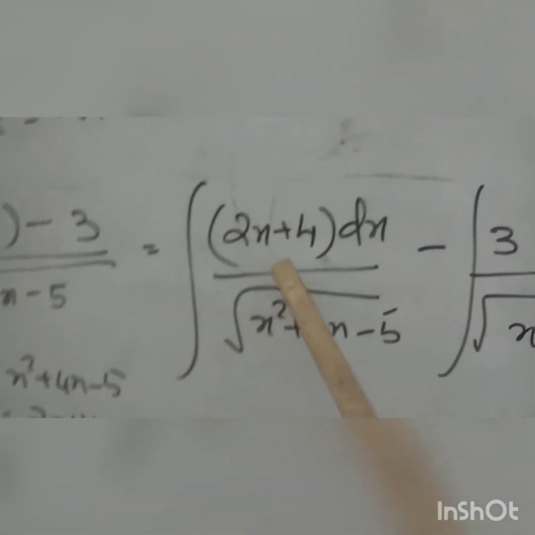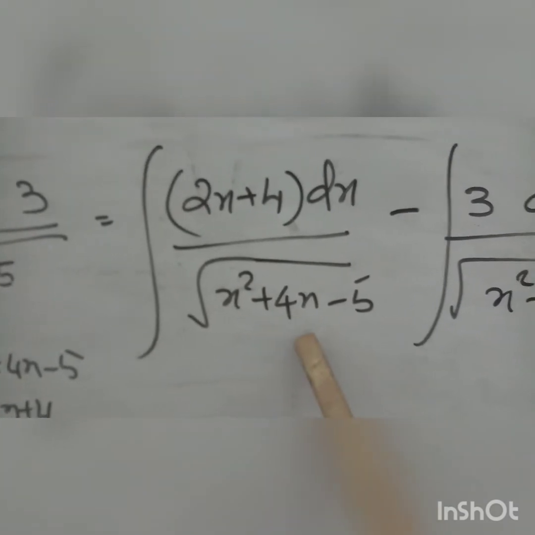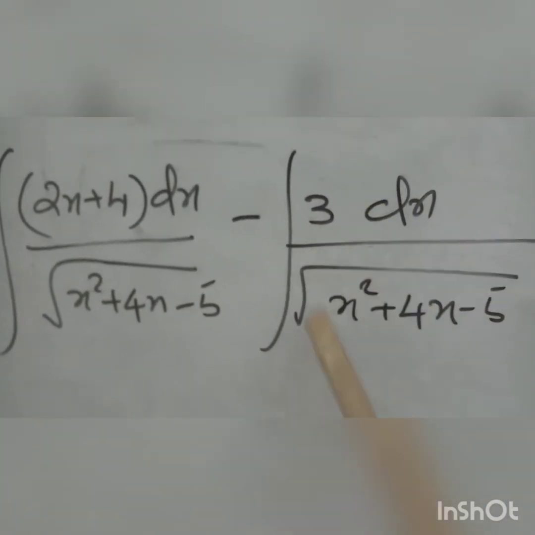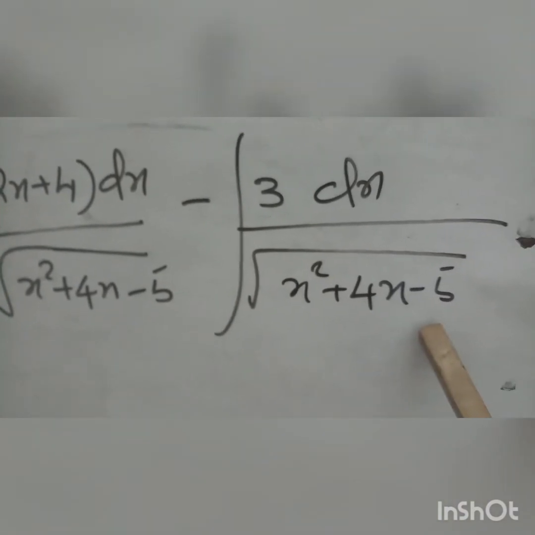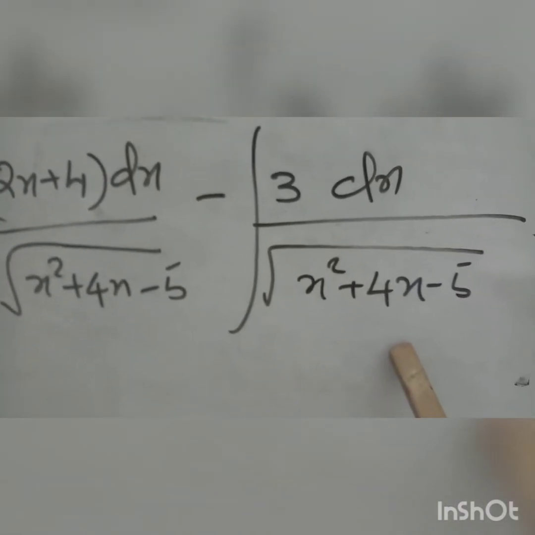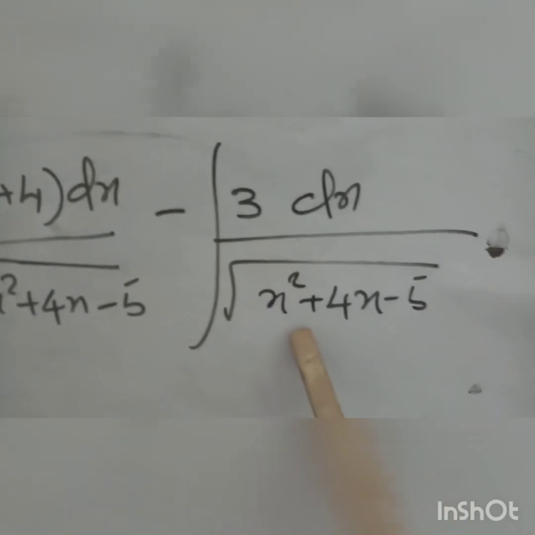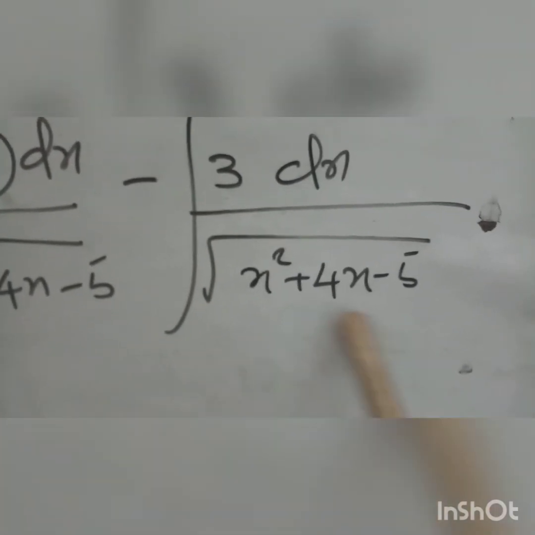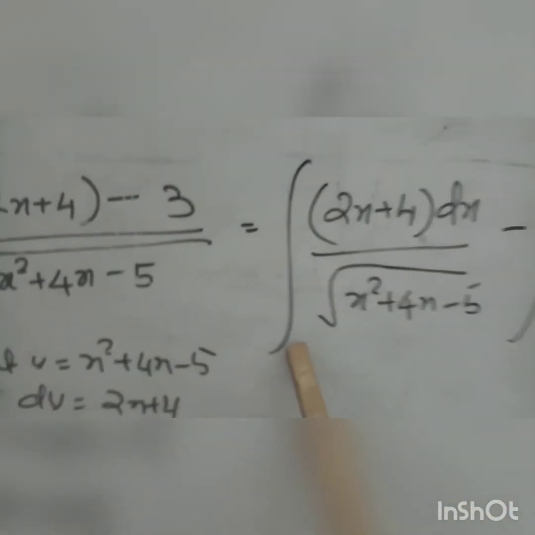Now it is (2x + 4) dx divided by the root of x² + 4x − 5, and the second part is 3 by the root of x² + 4x − 5. The second part you can easily simplify by converting the denominator x² + 4x − 5 as the sum or difference of two perfect squares.